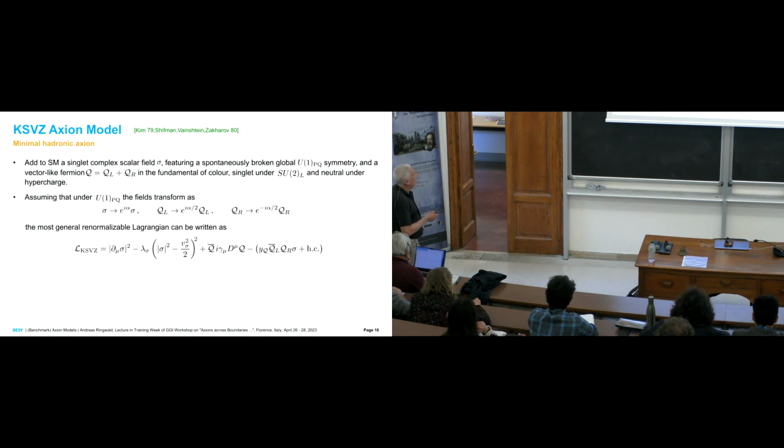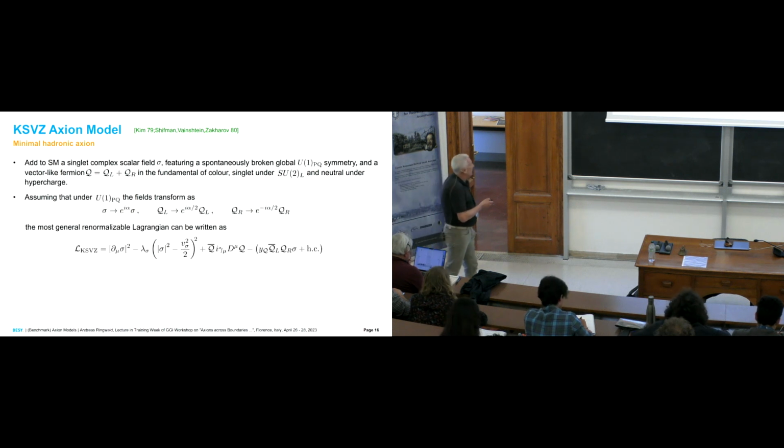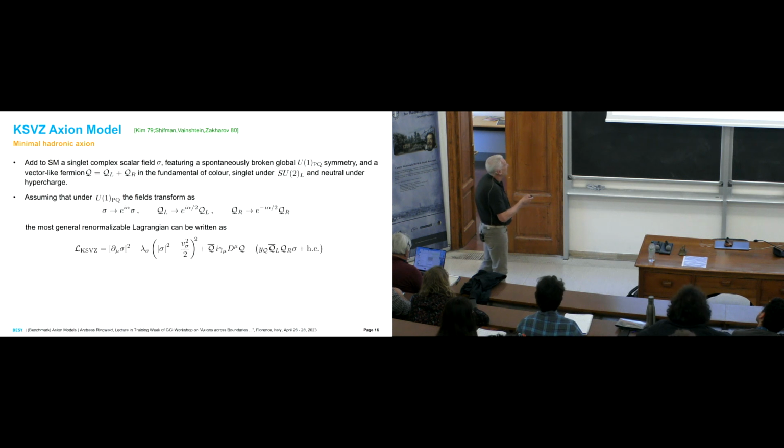And if you suppose now this transformation, then you can write down the simplest, or the most general, renormalizable Lagrangian for this theory, which of course consists of the kinetic term of the complex scalar field, and a potential. We said we want this to have the features of a spontaneously broken U(1) symmetry.